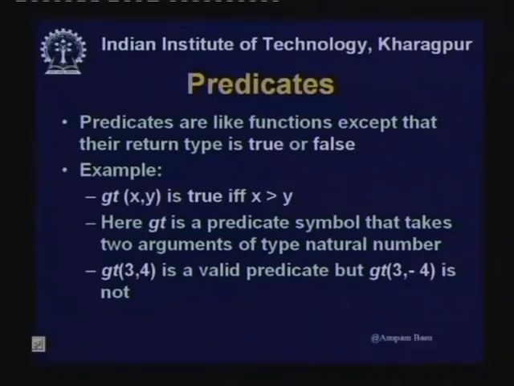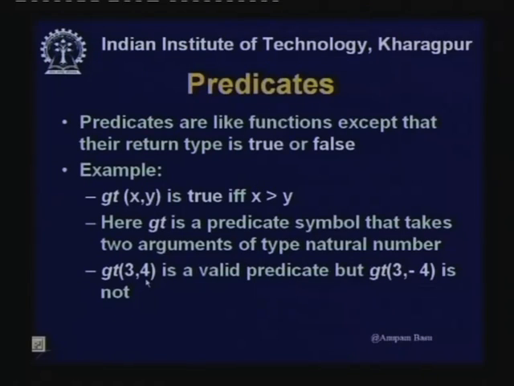So, greater than xy is true if x is greater than y. If x is instantiated with a value 5 and y is instantiated with a value 10, then this entire predicate will evaluate to false, because 5 is not greater than 10. So, here greater than is a predicate symbol that is taking two arguments of type natural numbers, but it is returning a value true or false.